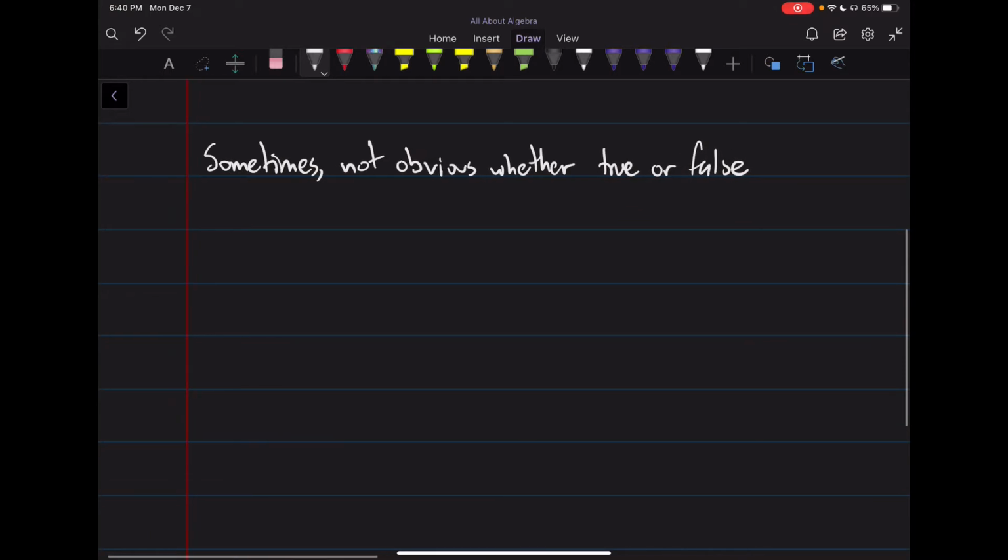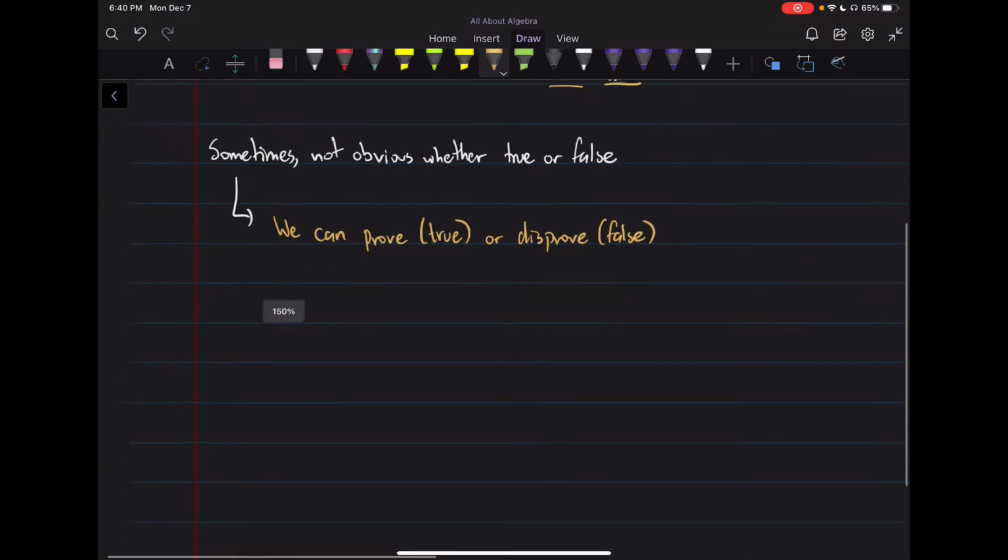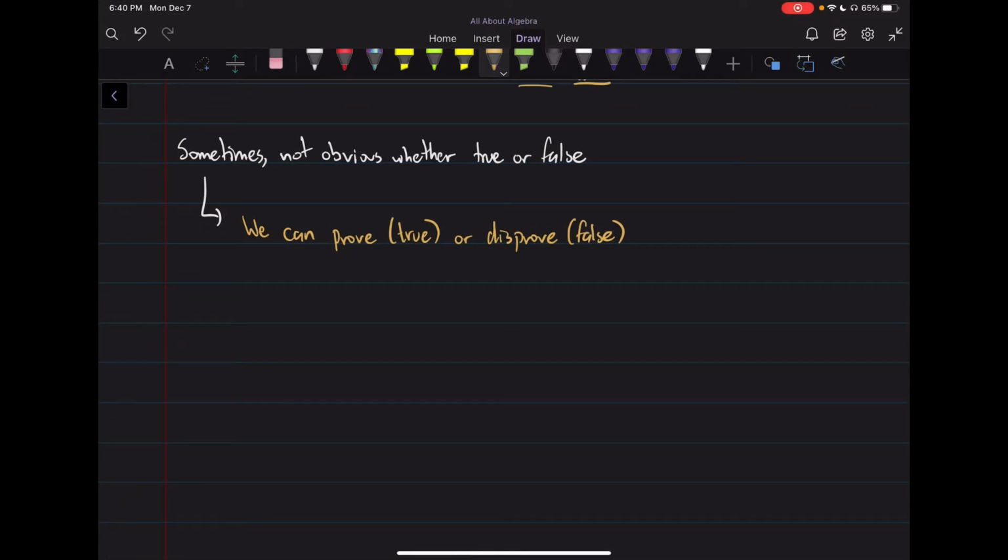Well, we can prove, which means proving it true, or disprove, which means false. So if we prove something, we're showing that it's true, and if we disprove something, we're showing that it is false.